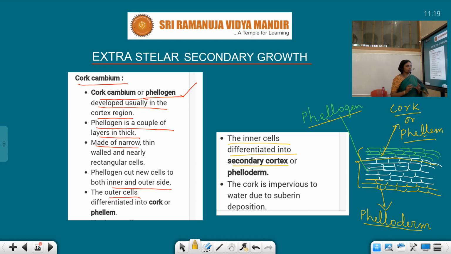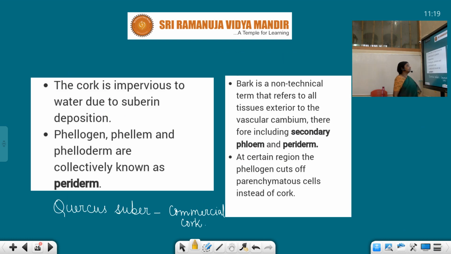The cork is impervious to water due to suberin. In these cells, suberin is present, and suberin is impervious to water and other things. So due to the deposition of suberin, water cannot pass through. And phellogen, phellum and phelloderm, three layers, three types of cells are formed here.